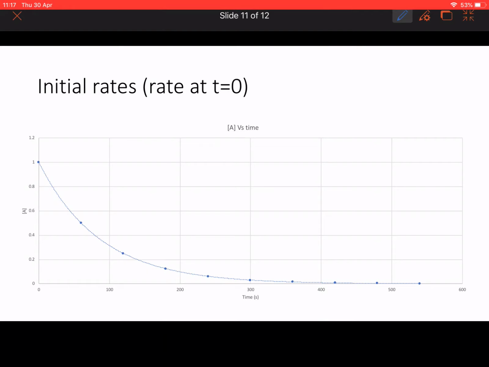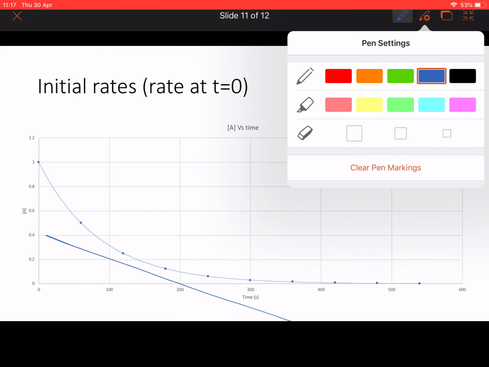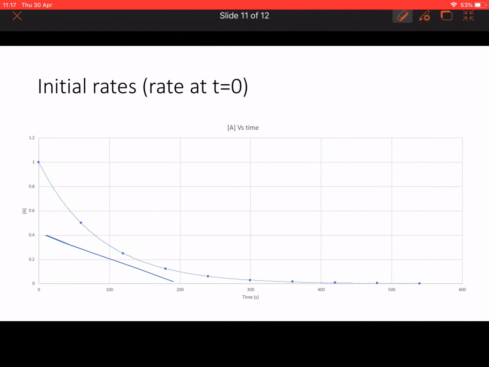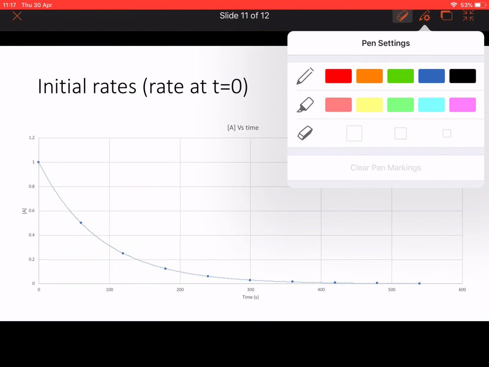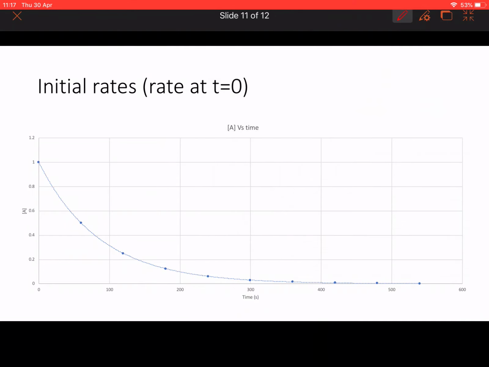Let's say if we wanted to do 140, you would draw a tangent, and then you would work out the gradient of that. You can do that using the big triangle.